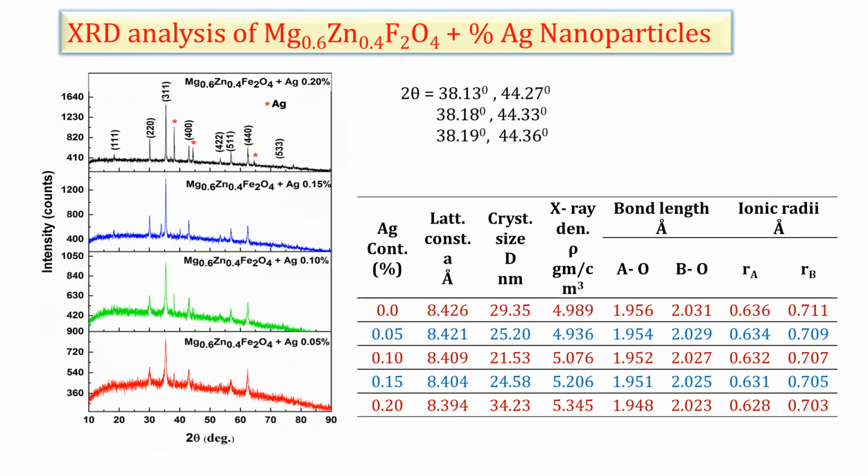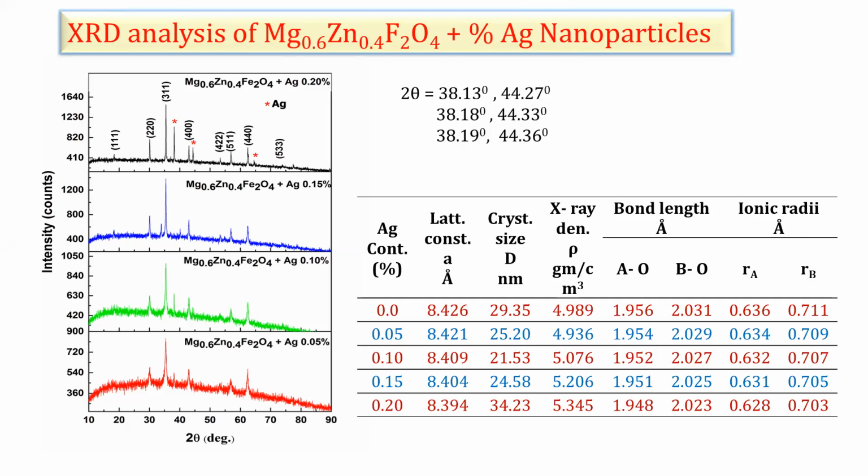These phases are observed at angles 38.13, 44.27, 38.18, 44.33, as well as 38.19 and 24.36, due to metal silver, according to the JCPDS card. And these are some parameters also calculated for this sample.